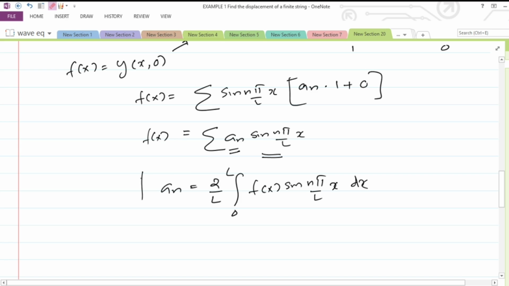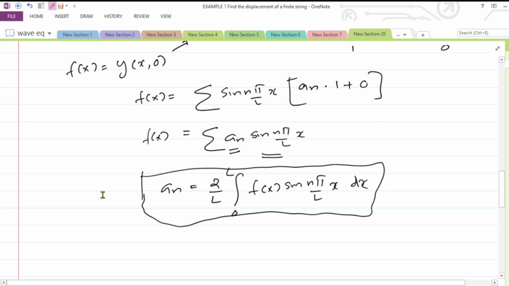Hence we have received the value for an.